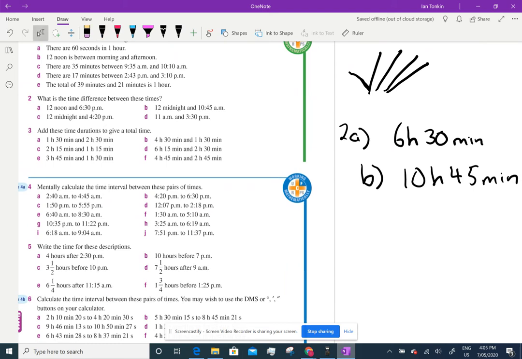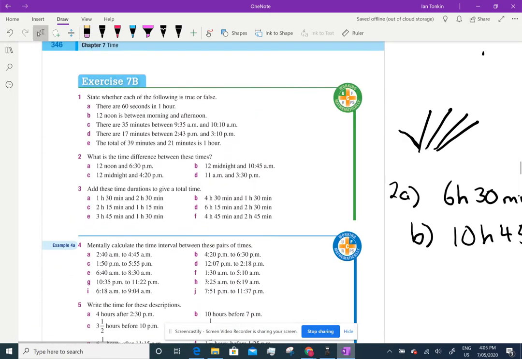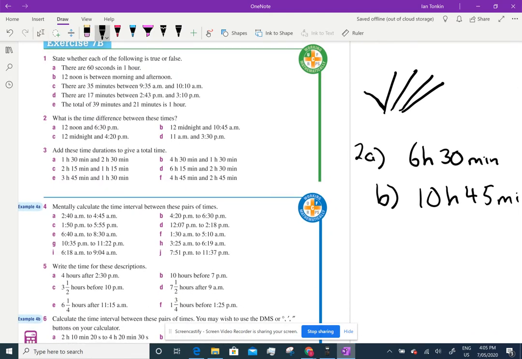The time difference, question 3, adding these time differences. Right, well, we can do these with a calculator, but we're not going to do calculator ones until we get up to question 6. So we need to think of a strategy to do these. So here's 3. Now remember, when you get to 60, you've got to go over.